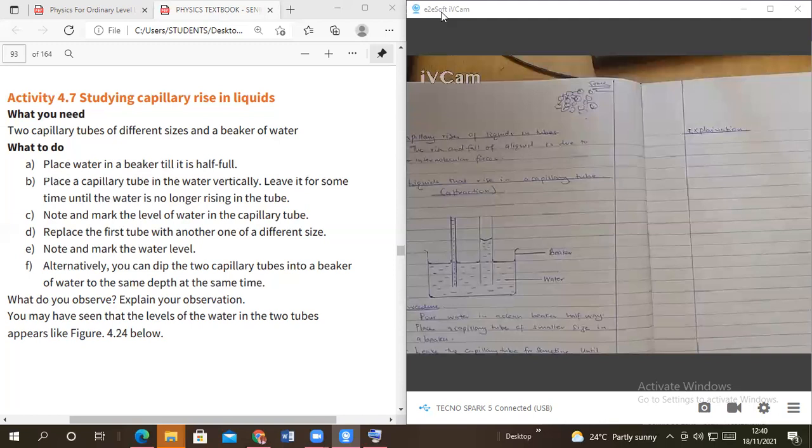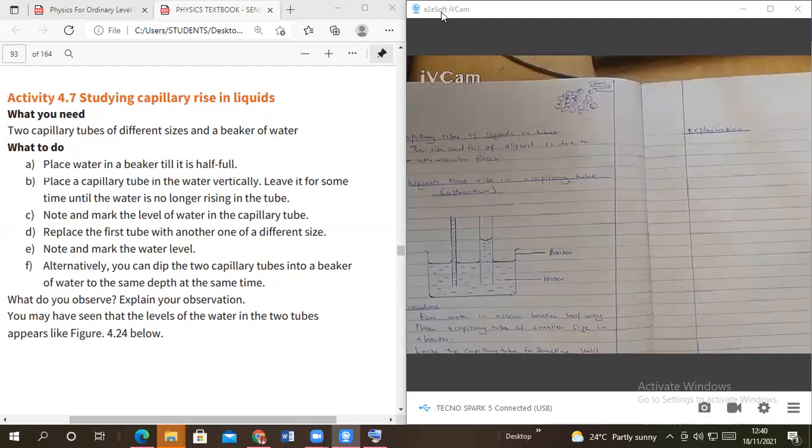No. Why? Because the one with the bigger diameter, since it's having the bigger diameter, much water will have to go into it, whereas the smaller one, the smaller amount of water will enter.